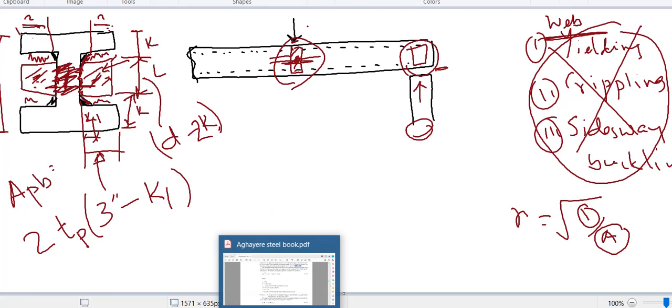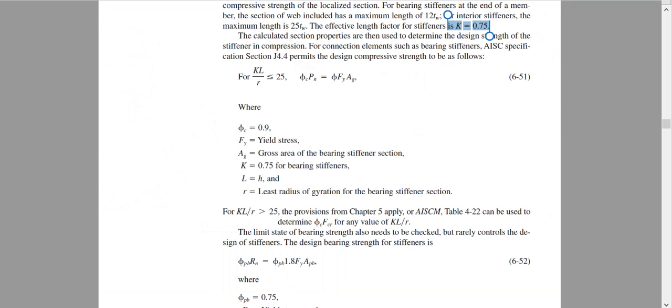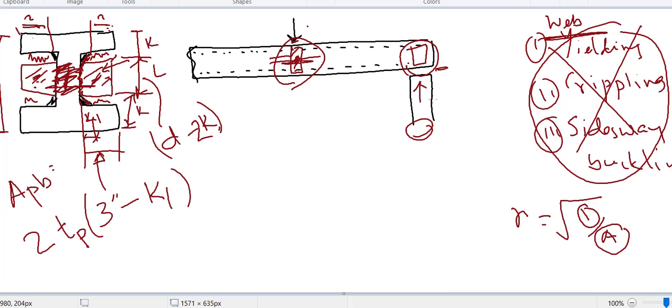Let me clarify here. What is the difference between a stiffener here and here? If I draw the plan view, if I cut here and show you, my section is this, and I have the web here.